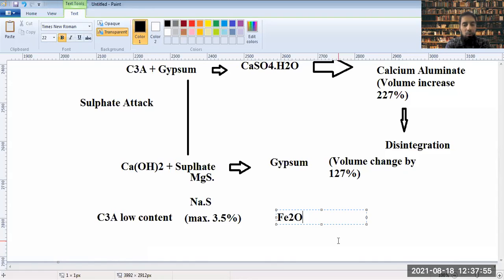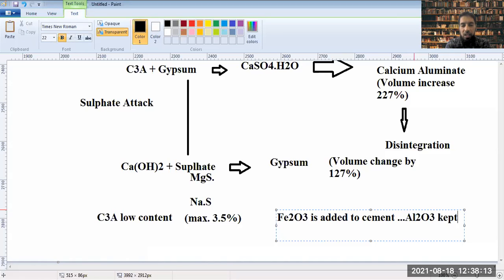At the same time, Fe2O3 is added to cement. Why is it done? Because you have another compound, Al2O3, which needs to be kept constant in the cement, because you do not want the cement to lose its strength.